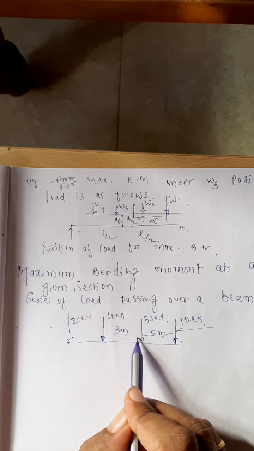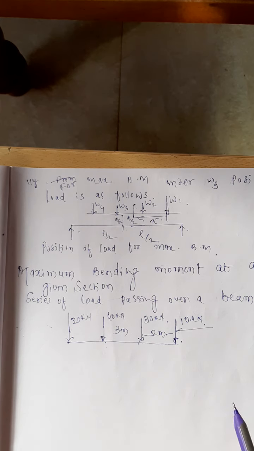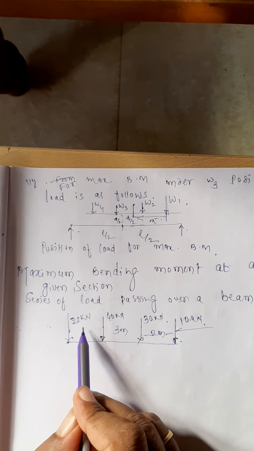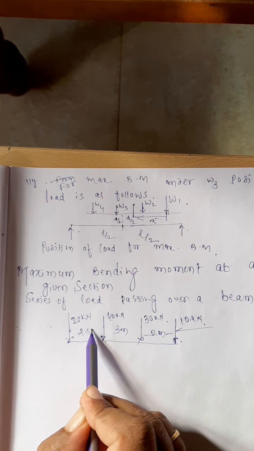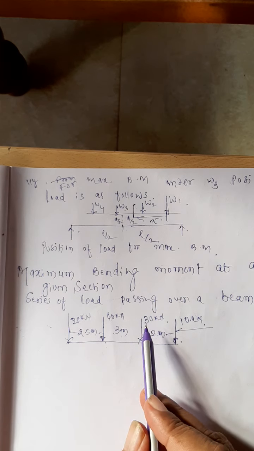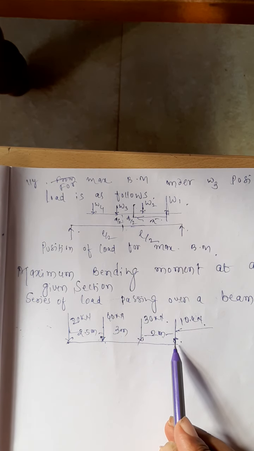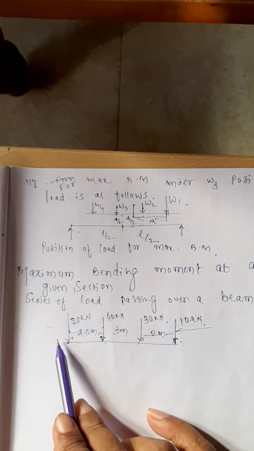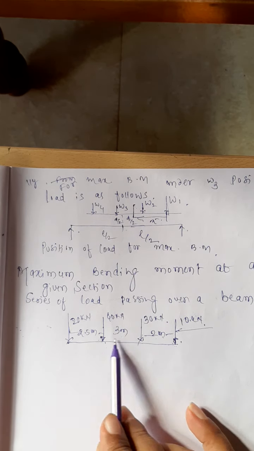So he has given us the different distances for these loads. The distance between these two loads is 2 meter, 3 meter, say like here it is 2.5 meter. Now imagine that what he is saying is, first you calculate the position of the resultant of all these forces.